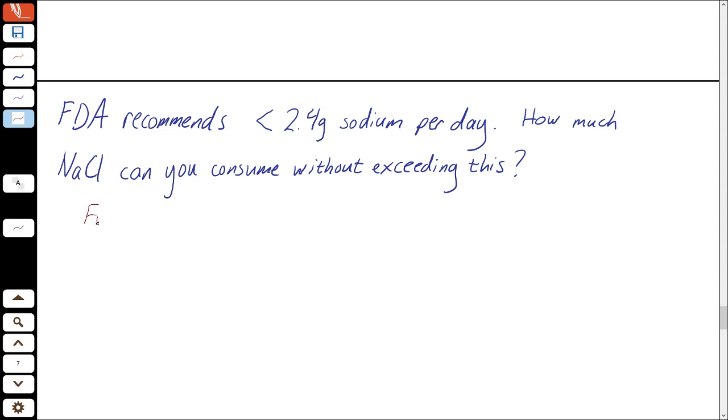So first we're going to find the mass percent of sodium in sodium chloride.